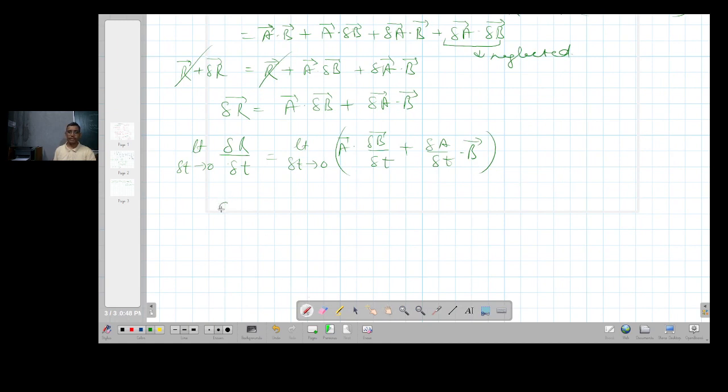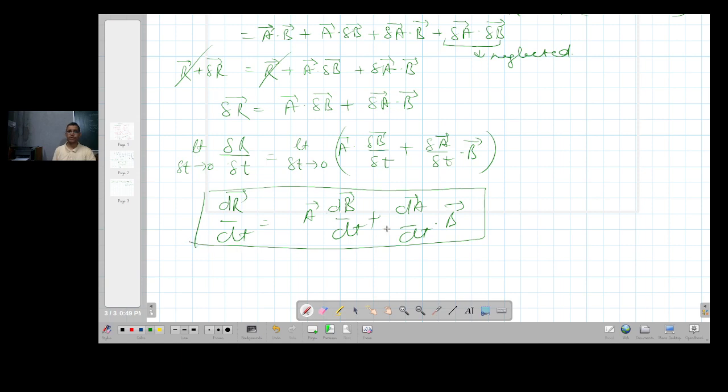So dr over dt can be written as a dot db over dt plus da over dt dot b, right? So this is the expression for it.